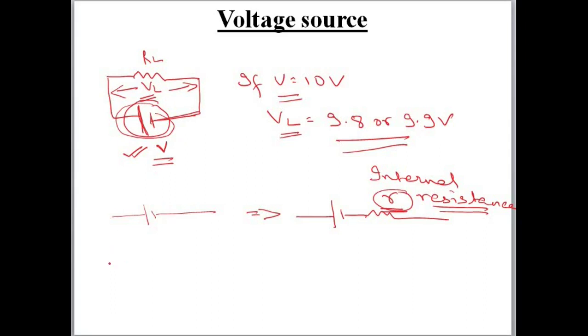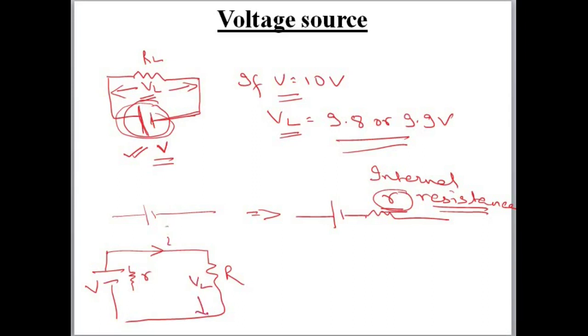So in the same circuit, what will actually be there is one series resistance, that is called r. This is your capital R, this is your V, suppose this is I, and this is your VL.